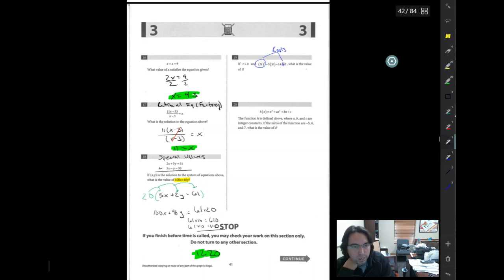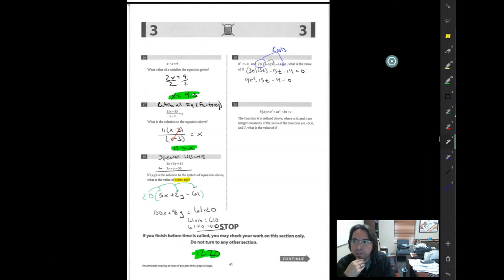So that should read as 3t times 3t minus, and we have to distribute that, so that's going to be minus 15t minus 14 equals 0. When we expand, I'm going to have 9t squared minus 15t minus 14 equals 0.